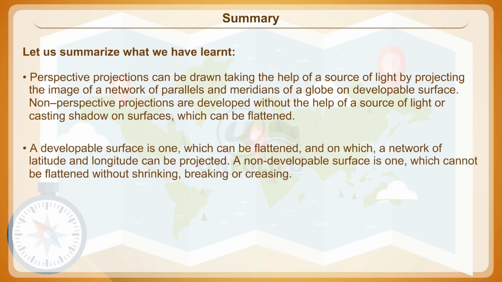A developable surface is one which can be flattened and on which a network of latitude and longitude can be projected. A non-developable surface is one which cannot be flattened without shrinking, breaking or creasing.